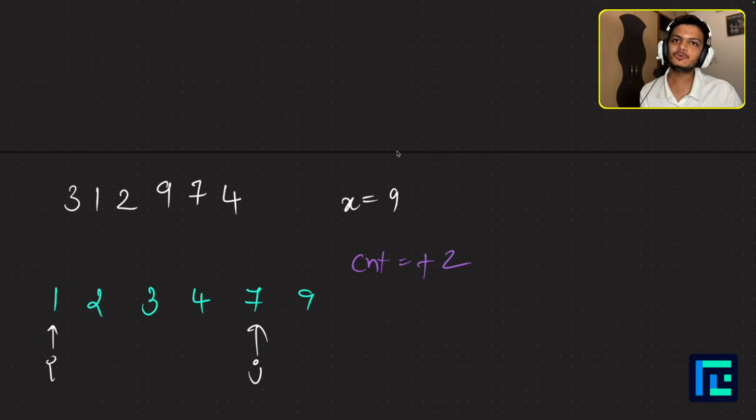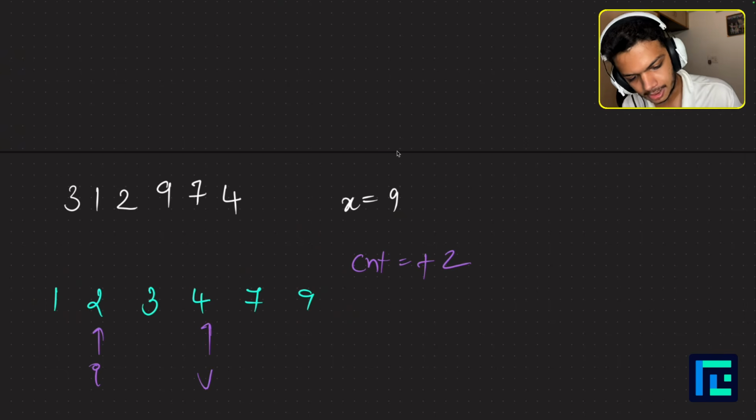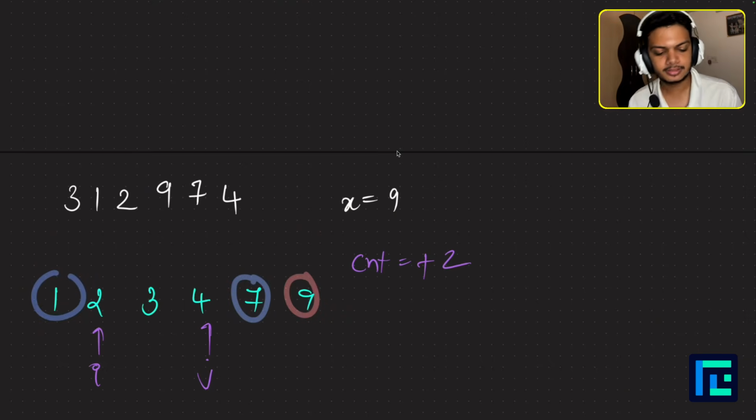Remember, we cannot have more than 2 children. So we assigned a gondola to these 2 guys and moved both the pointers ahead, right? So if you are curious, we assigned a gondola here, then we assigned a gondola for these guys. Fine. Right, so what we are effectively trying to do is pair up the heaviest possible guy available to us and the lightest possible guy available to us.